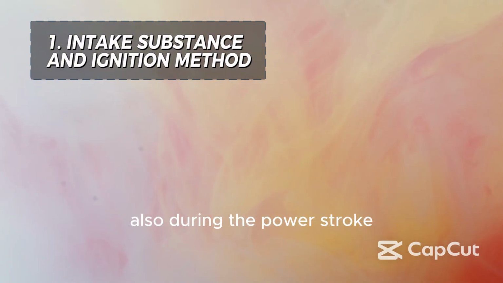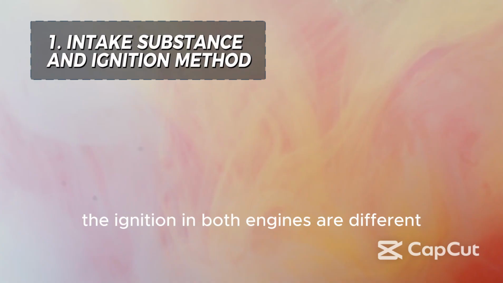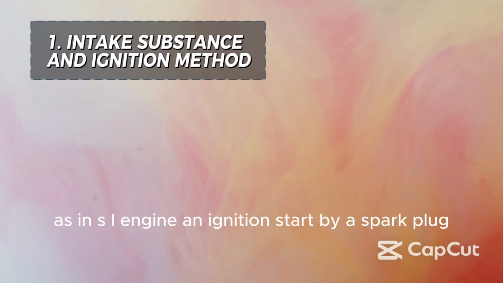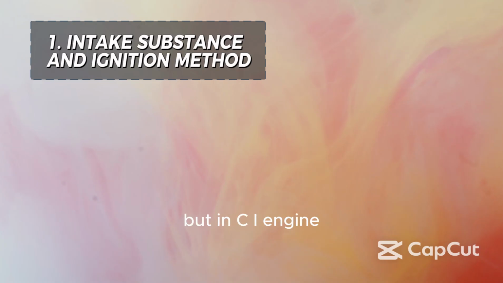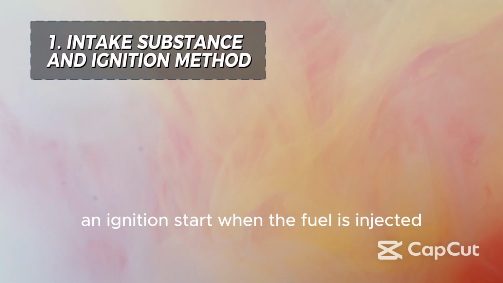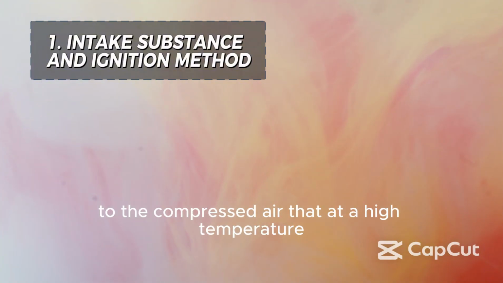Also, during the power stroke, the ignition in both engines is different. In the SI engine, an ignition starts by a spark plug, but in the CI engine, an ignition starts when the fuel is injected into the compressed air at a high temperature.